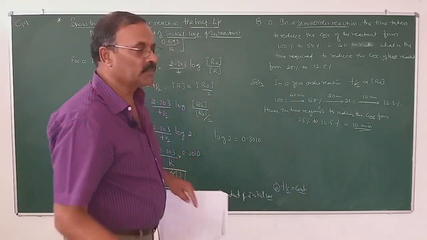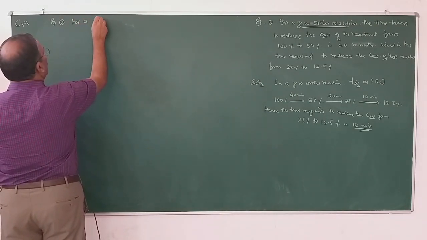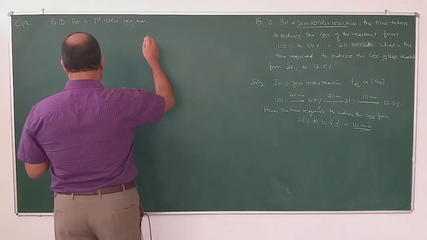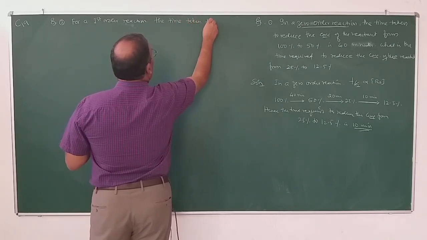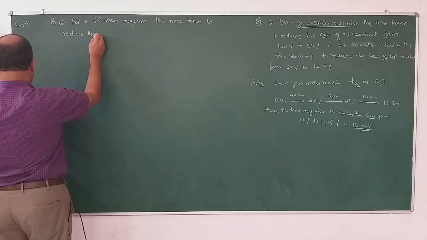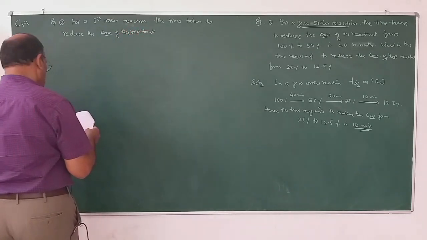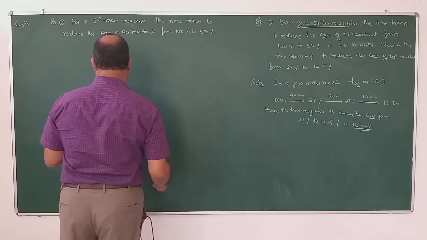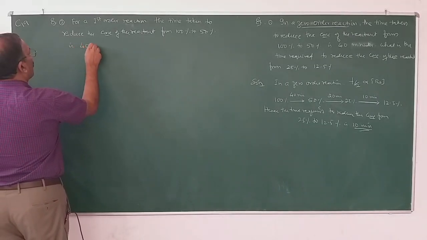So I will give you another problem. For a first order reaction, the time taken to reduce the concentration of the reactant from 100% to 50% is 40 minutes.